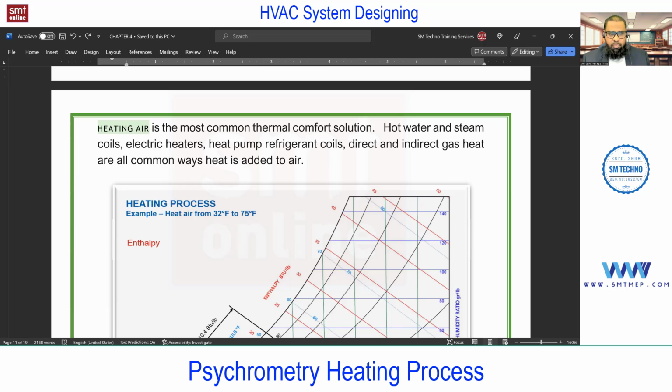These different ways to provide heating to the air we'll discuss later at the time of classification of machines in detail. At this level, just remember we can heat the air by using hot water, electric heaters, nothing but portable room heaters, or the heat pump refrigerant cycle.